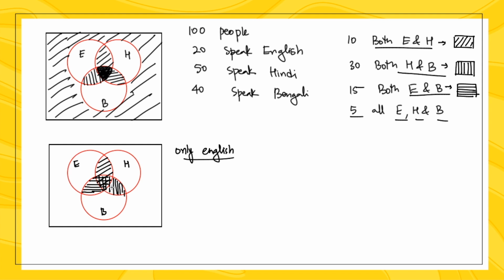This circle represents the English speaking people, and this slant shaded region represents those who speak Hindi and English both. If I remove these people from here, I get those who speak English but not Hindi. I have subtracted the common people, so I'm removing those from here.